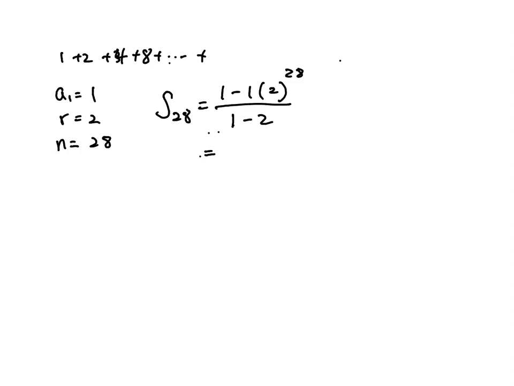I'm thinking this one's going to be huge. 2 to the 28 is 268435456, so this is 1 minus that over negative 1. So 1 minus that, divided by negative 1, is going to be 268435455 cents.